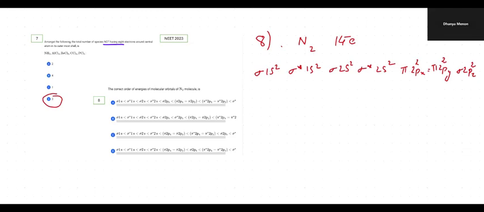And the one that matches with this is D, right? Yes. So D, until here the electrons are filled because it makes 14 electrons. So this is our order. Okay, so D is our answer.